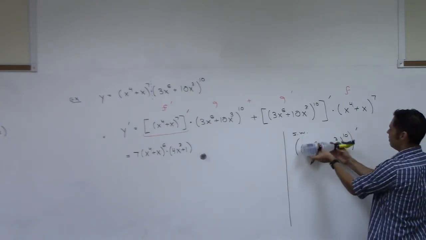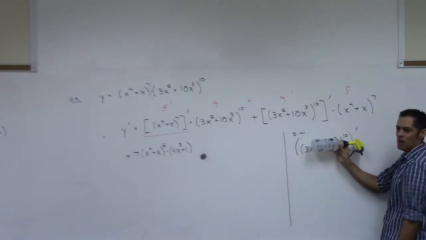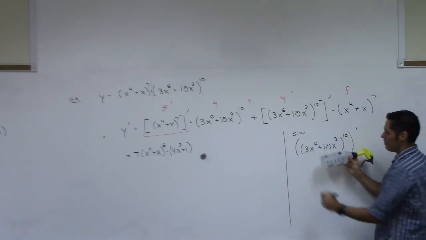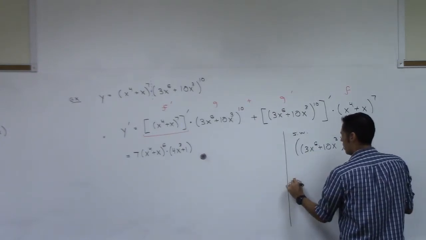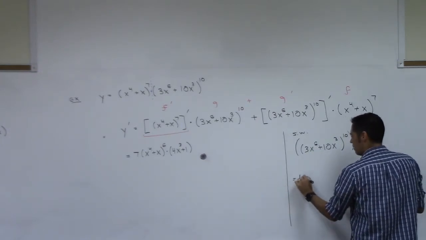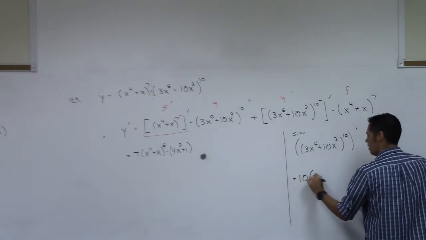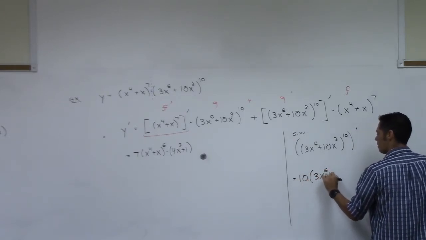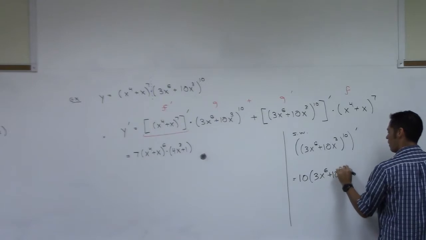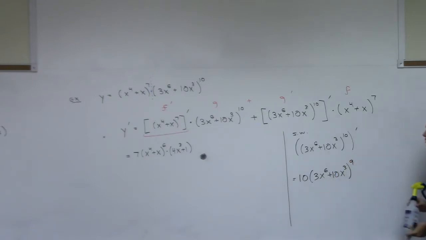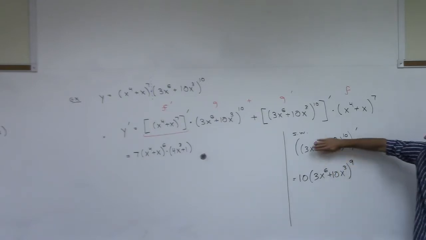Okay, so we have this spray bottle to the 10th power, right? So the derivative of this should be 10, the power comes down, spray bottle, which is this, all to the 9th power. So that's just your power rule on that chunk right there.